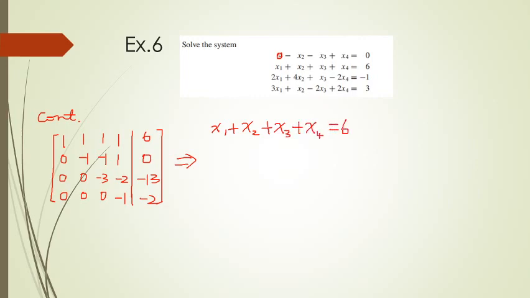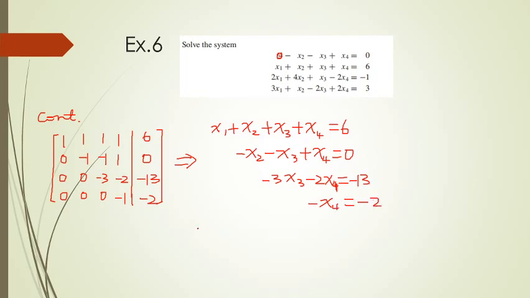That is the first equation, which corresponds to the first row. And then the second row, minus x2 minus x3 plus x4 equals 0. And then the third equation, minus 3x3 minus 2x4 equals minus 13. And then minus x4 equals minus 2.